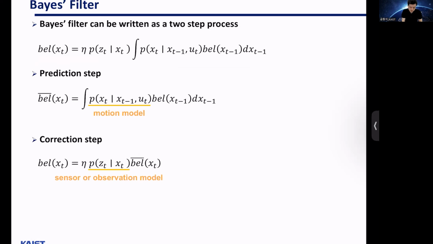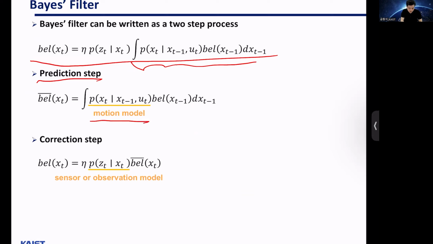And what this physically means would be, this second term, the integral part, corresponds to the prediction step using the motion model. So given x_t minus 1 and u_t, we know x_t if we use the motion model.